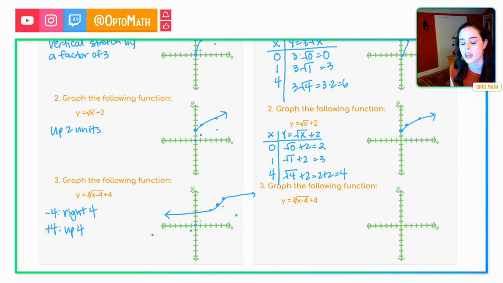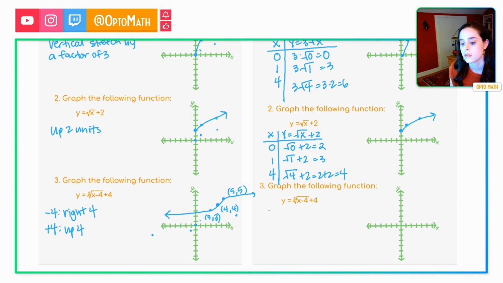And you could go about saying what these points are. That's going to be 4, 4. This will be 5, 5. And this will be 3, 3. So those are those 3 points.